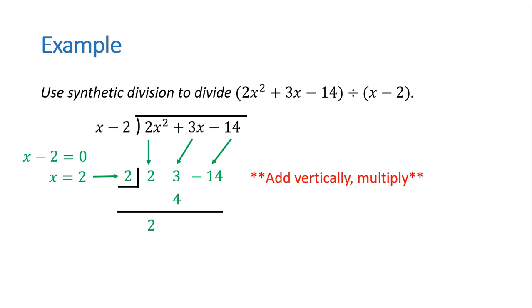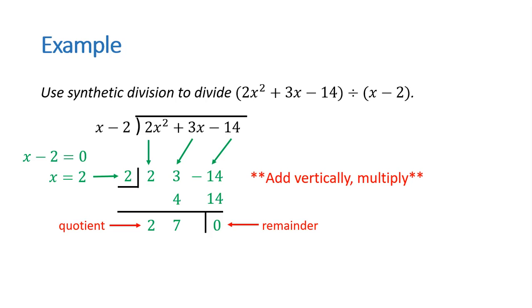So 3 plus 4 gives me 7. Then I'm going to multiply again. So 2 times 7 gives me 14. And that's going to go into the next column. And then I add vertically and I have a 0. And once I get down to the last column, I'm going to box that in with a vertical line. So what I found is the quotient that's on the left-hand side of that line, and the remainder is what's boxed in at the end.